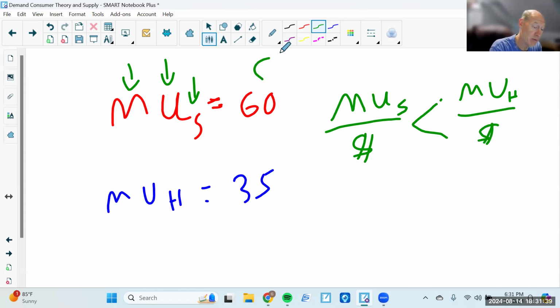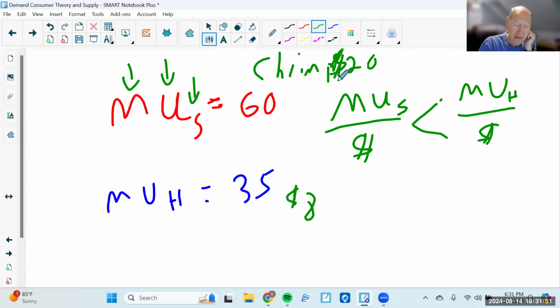Why? Because shrimp might be $20 and the hamburger might be $8. So when you do the math, 60 over 20 would be 3, and 35 over 8 would be about 4. Okay, good, the math worked out right.